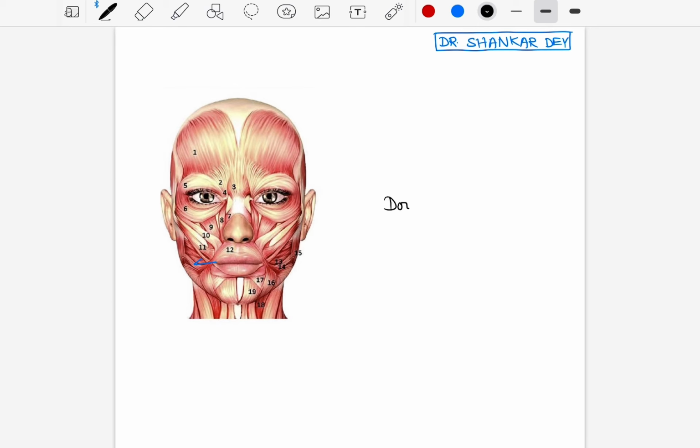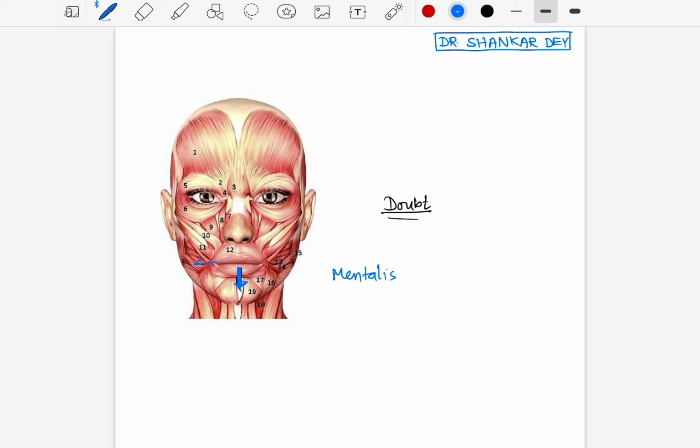In case of doubt, the lower lip is protruded and there will be puckering of the chin. This is done by the mentalis muscle.